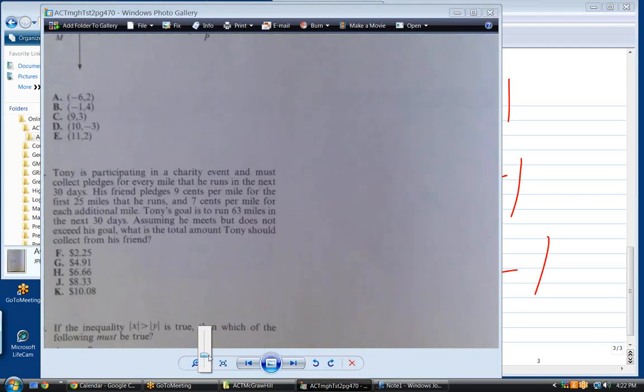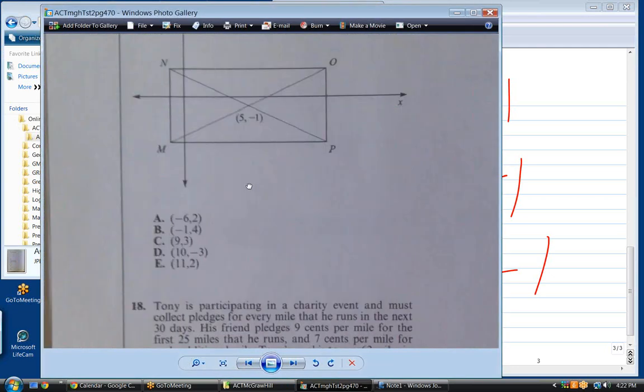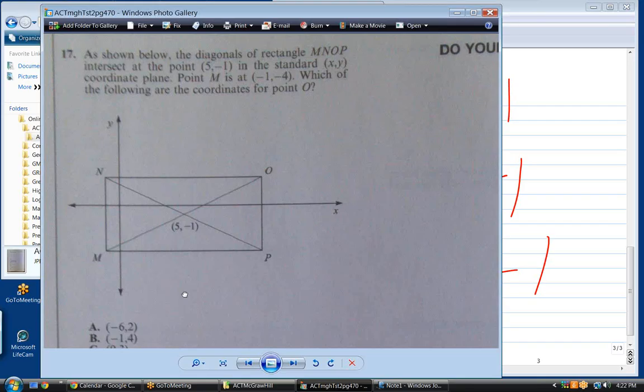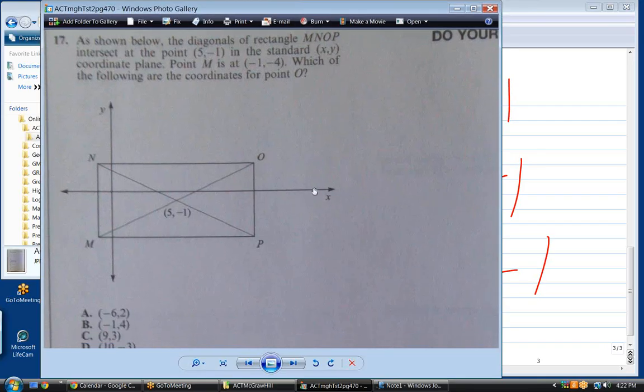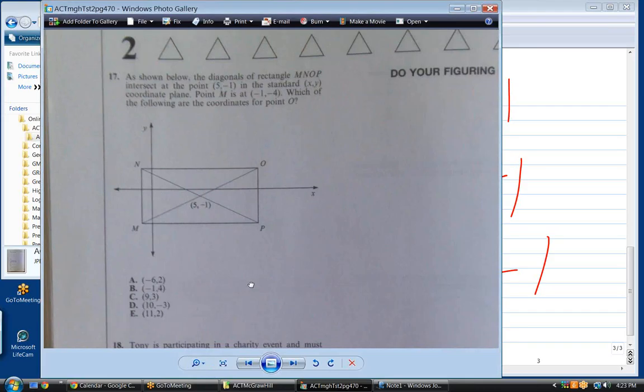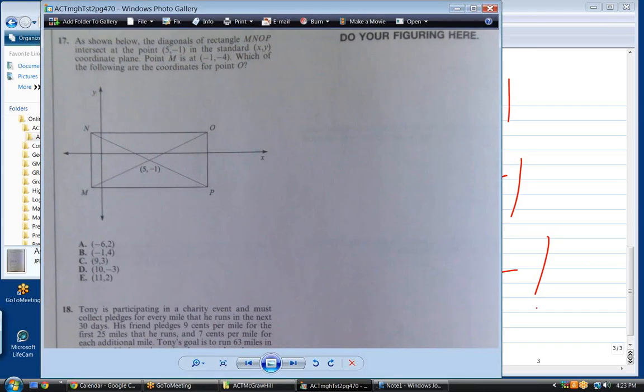All right, now they're going to get a little bit harder. Hold on. So they're telling you the diagonals intersect at this point right here.